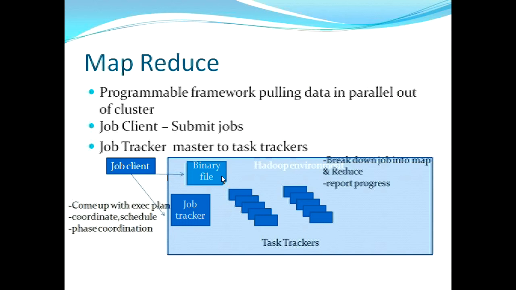At the same time, while the job client is giving this information to the job tracker, it puts the binary file into the Hadoop ecosystem. Now, task trackers. Once they understand the commands from the job tracker, they start working. They grab the binary file, cut it, map it, reduce it, and fill the blocks.